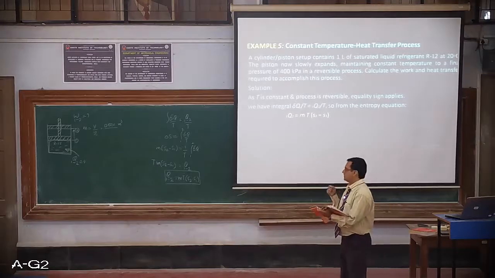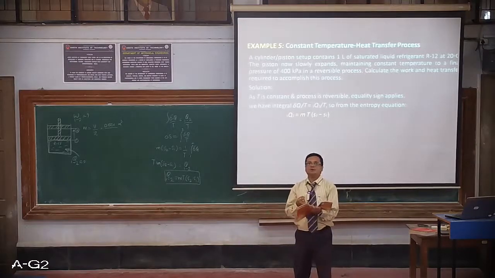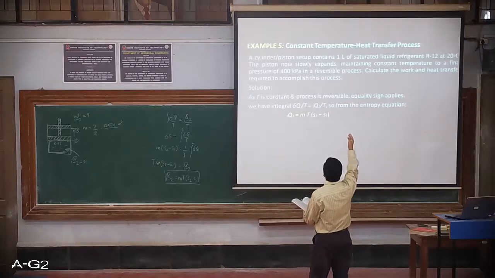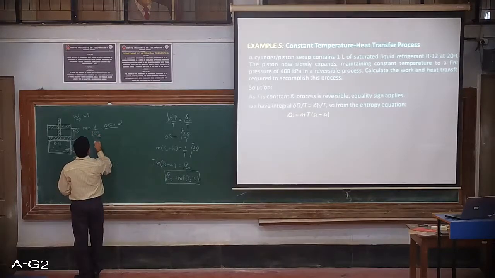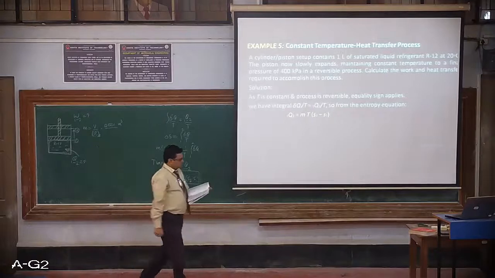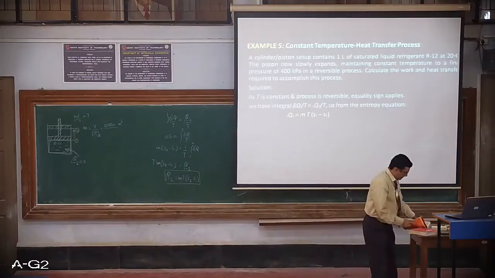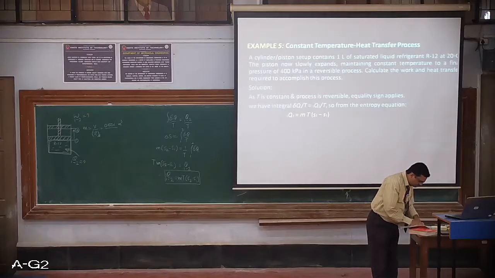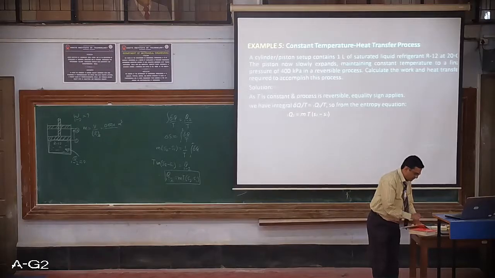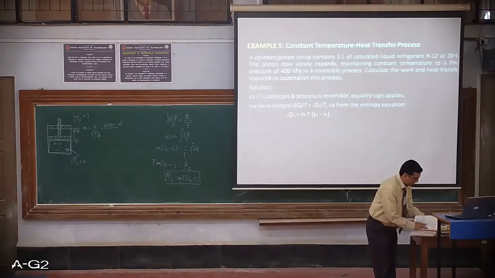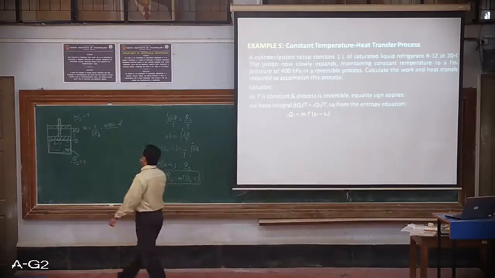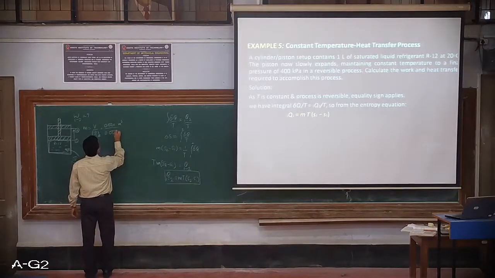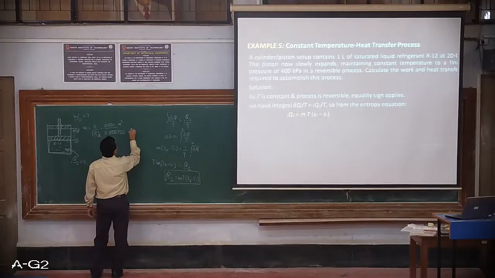Now the question is, whether we need to refer to Vf or Vg. In the statement it is given that it is saturated liquid, and hence the value of V1 is nothing but Vf, that we need to calculate. That value of Vf is 0.000752, which is taken from the property tables, in cubic meter per kg.